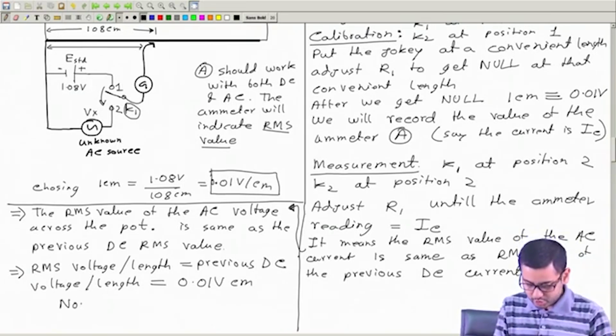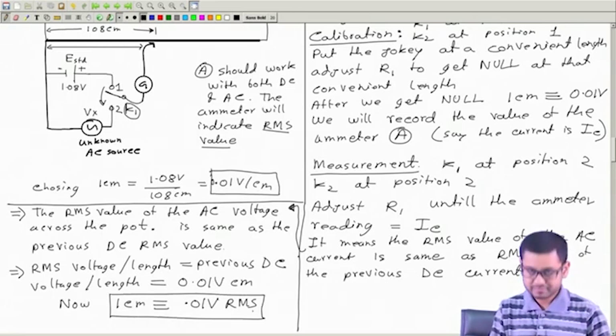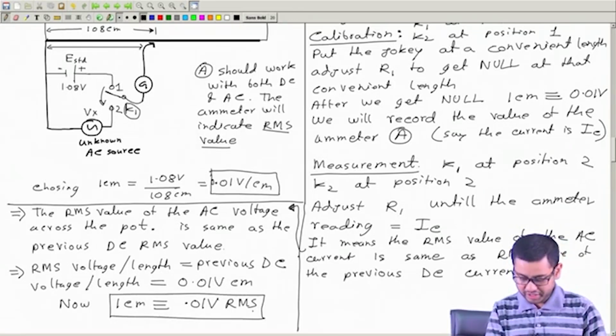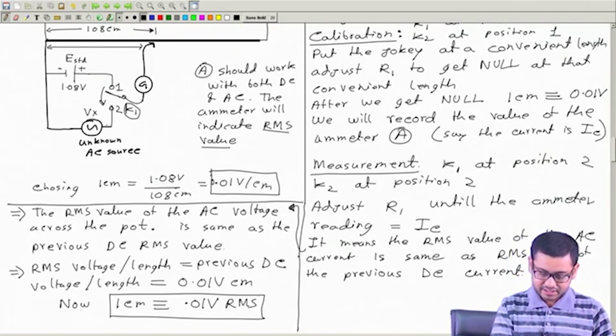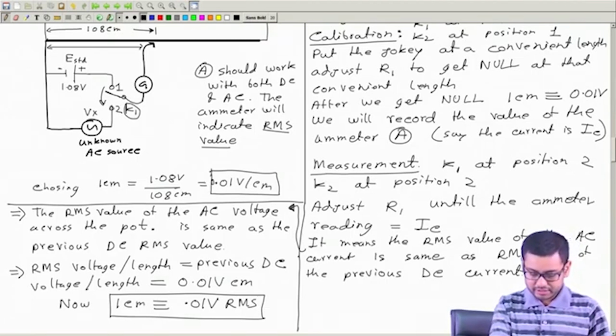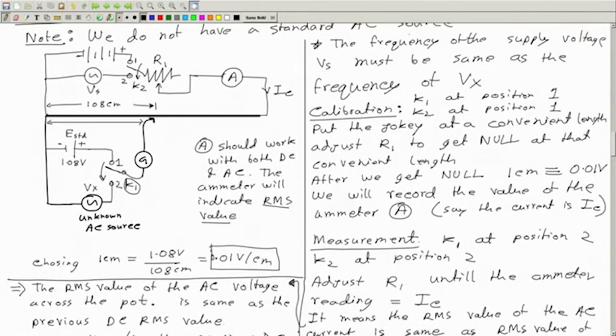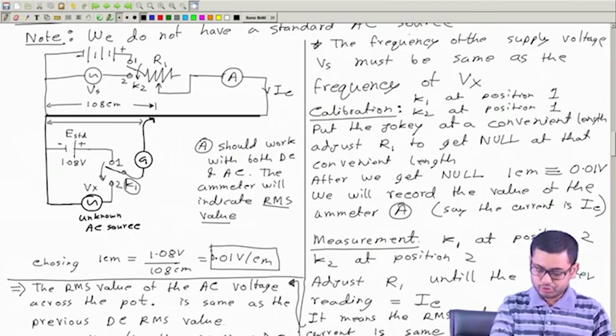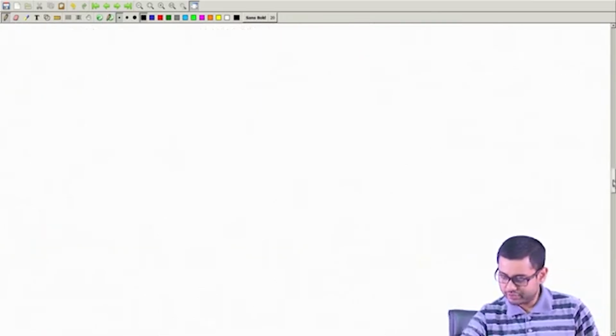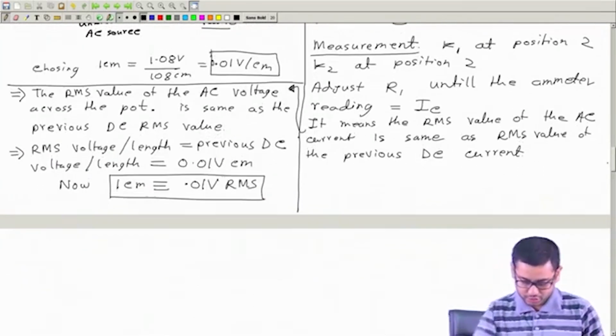So 1 centimeter is equivalent to 0.01 volt RMS. Now this key is connected to this unknown source, so we can adjust the position of this jockey to find the null with this unknown source, and that will give us the value of the unknown source.